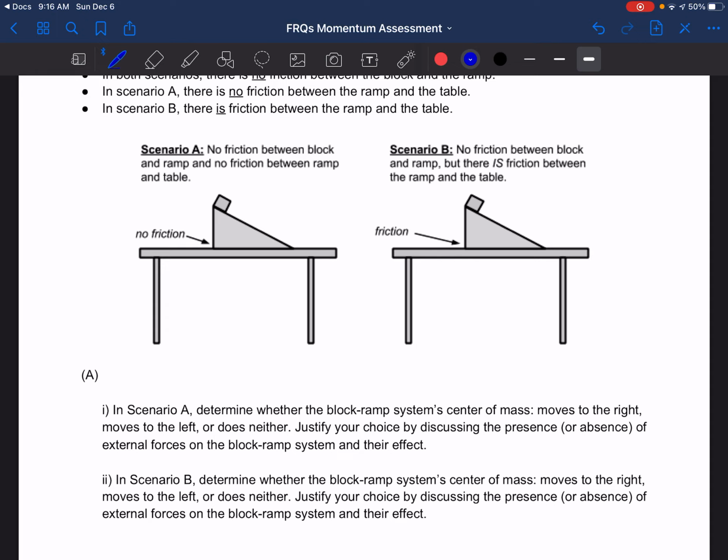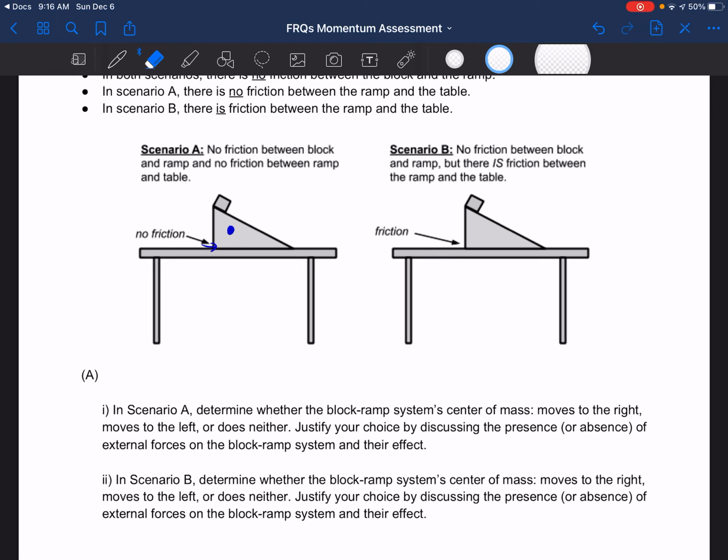The center of mass of the block-ramp system on the left is maybe about right there. However, because there is no friction between the ramp and the bottom of the table, there's not going to be any external force on the block and ramp in the left or right direction.